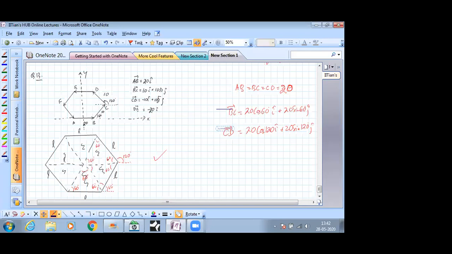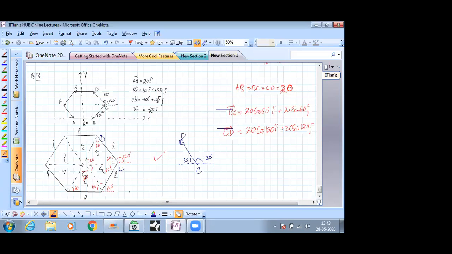That's the thing, but it's coming from geometry. See, this angle is 60 here, so that's why this angle is 120. So that's why when I express this side CD as a vector, it is making how much angle with respect to the x-axis? 120 degrees. Okay. Because this interior angle is 60, no?